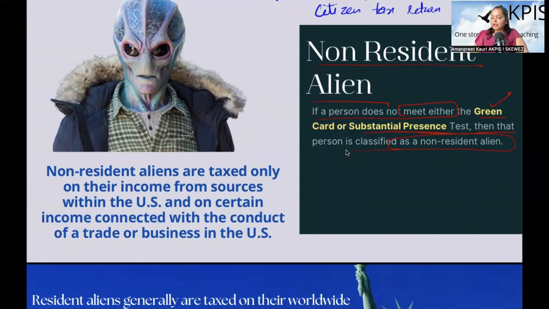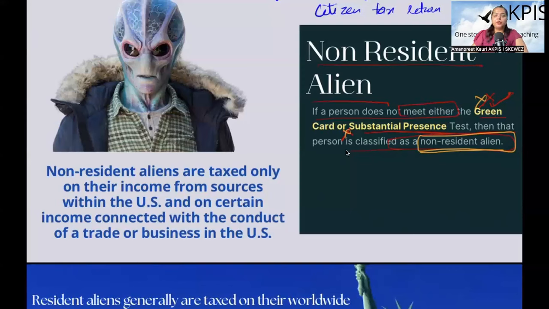So if you do not satisfy the green card test, and even not the substantial presence test, right? You're not meeting this, you're not meeting this. So in this very particular situation, you will be referred to or classified as a non-resident alien. You must be amazed. Why, ma'am? Why are you telling us this?